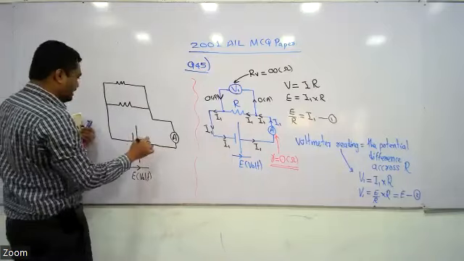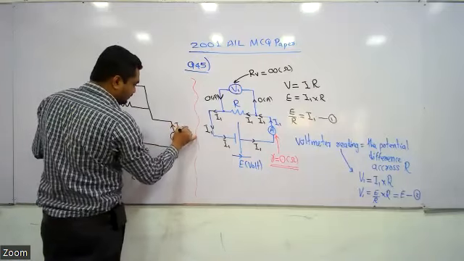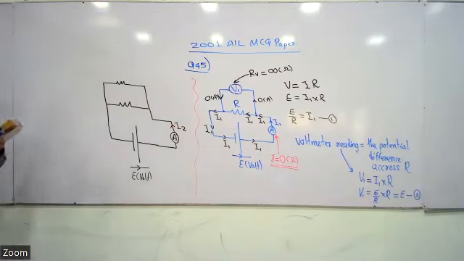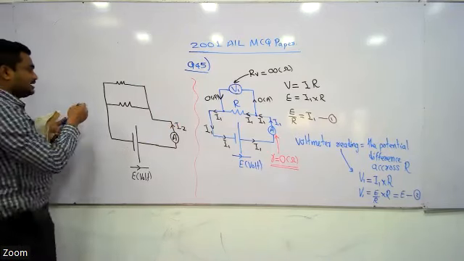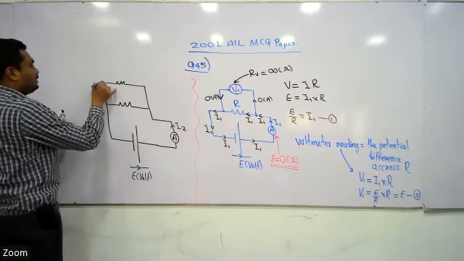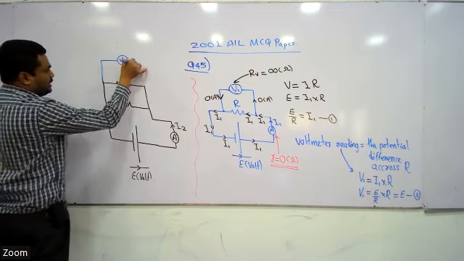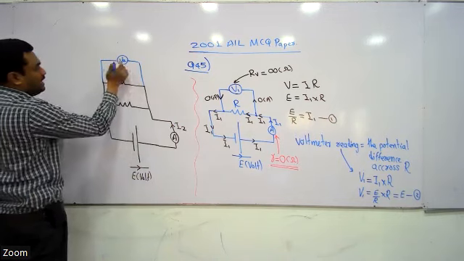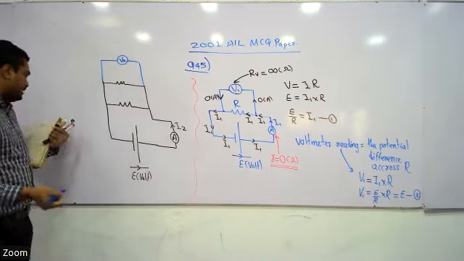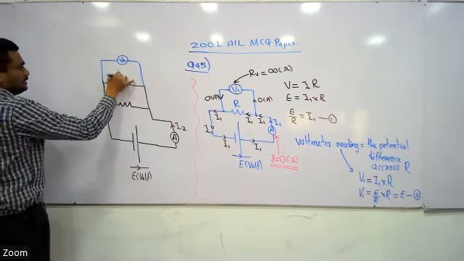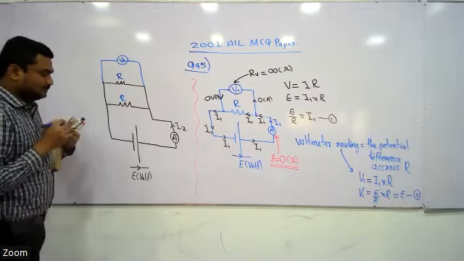Here the ammeter reading is I2. A voltmeter is connected here. It's an ideal voltmeter. Its reading is given as V2. Draw the second circuit.